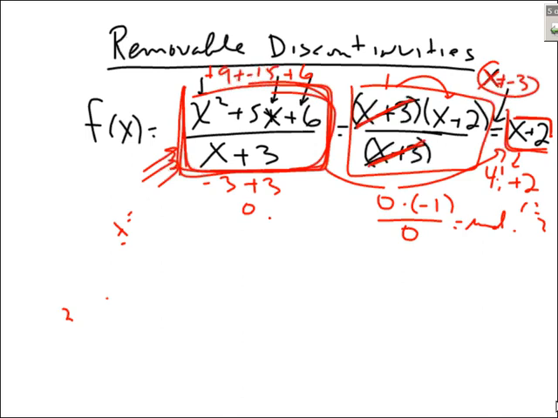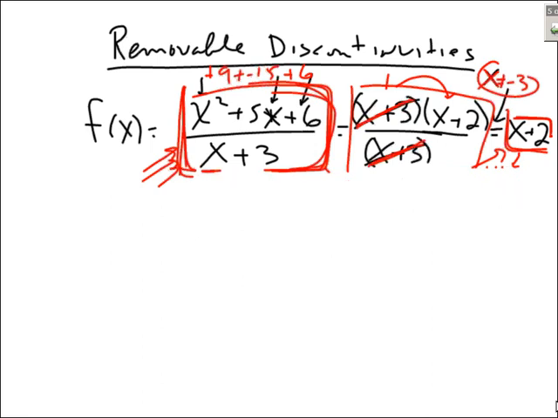So now, what if you plug in negative 3 in the right-hand side? That is the side that just said x plus 2. Well, negative 3 plus 2 is negative 1.